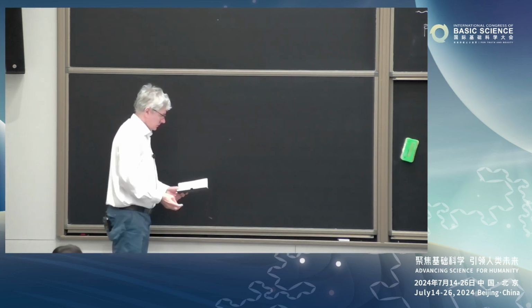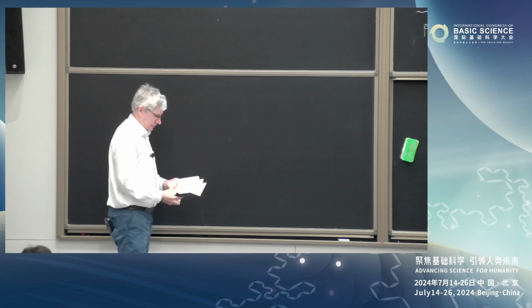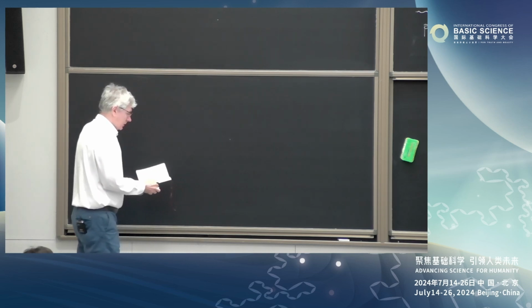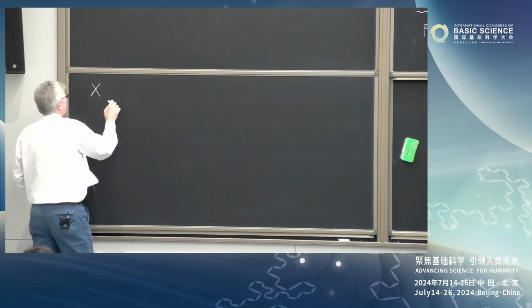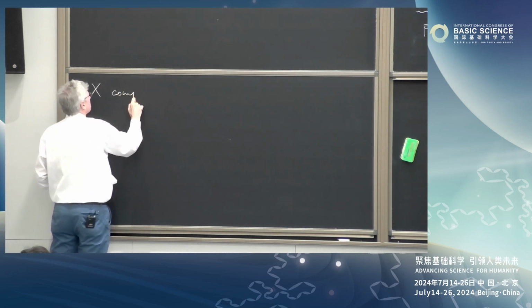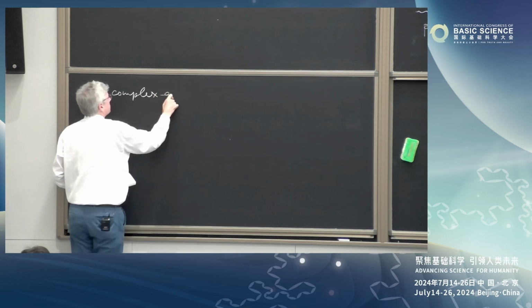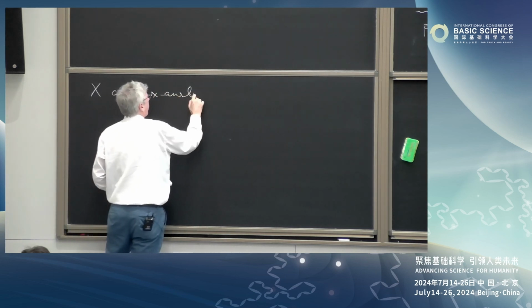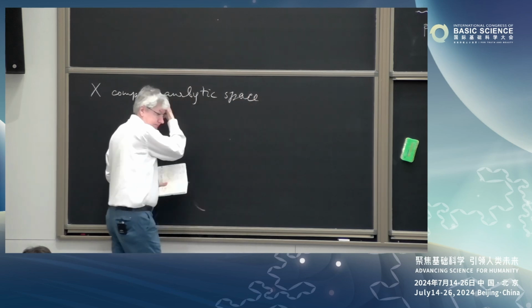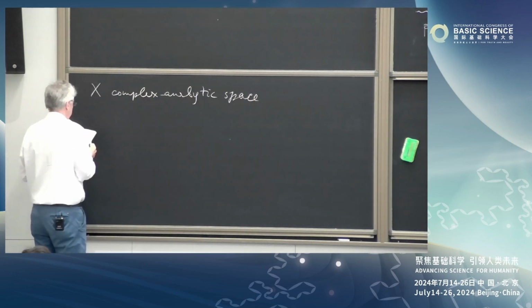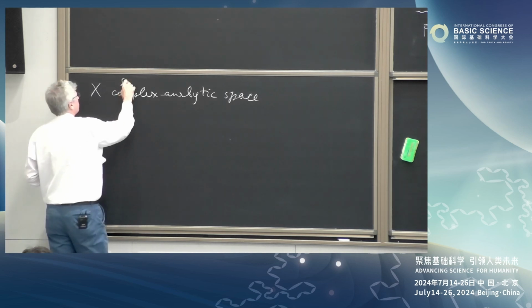And this is about complex analytic geometry. So let X be a complex analytic space, which, well, let's assume it's smooth at the beginning.